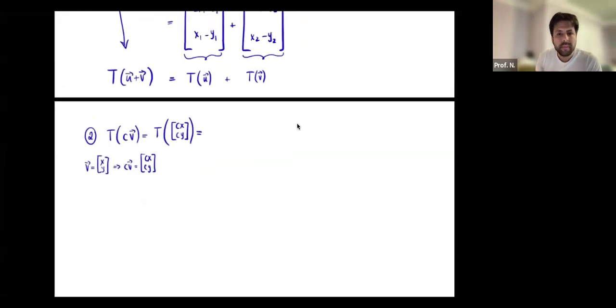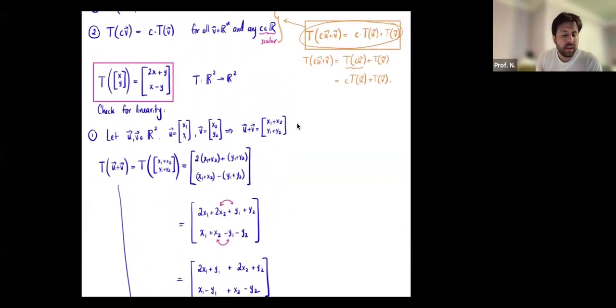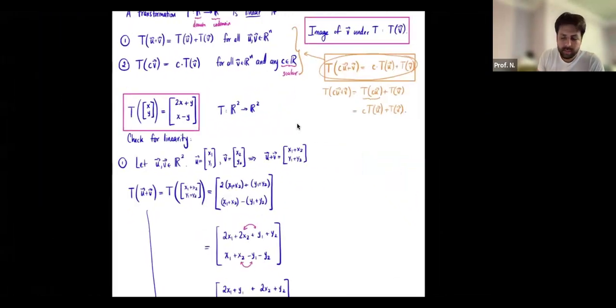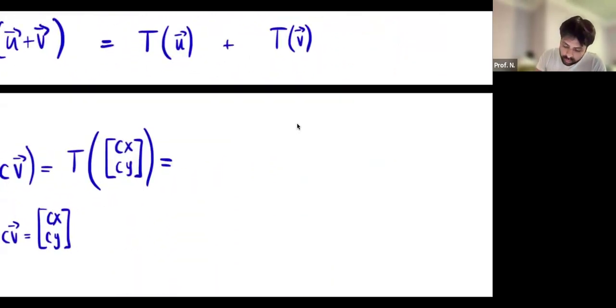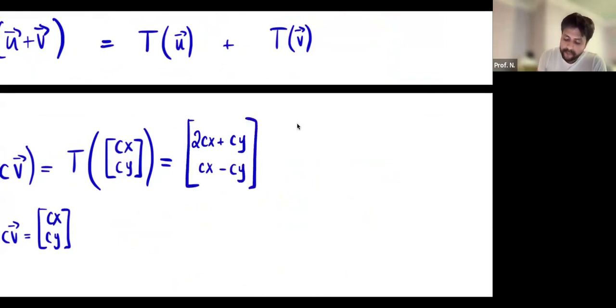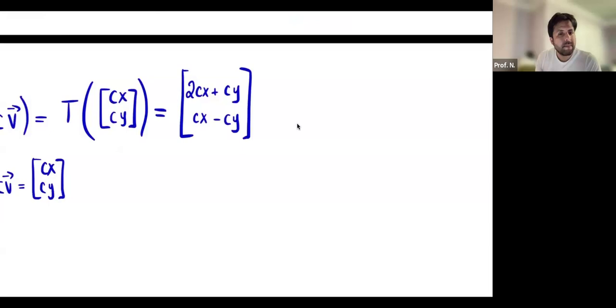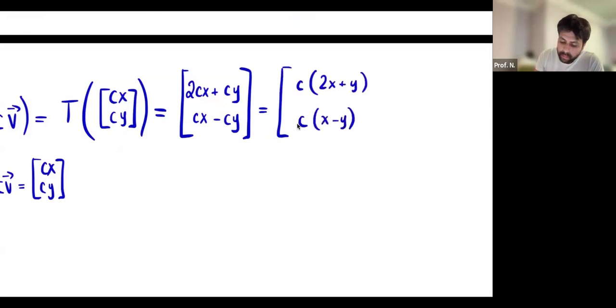And then use the rule for the transformation, which is 2x plus y, x minus y. So it's going to be 2cx plus cy, and then cx minus cy, right? That's exactly what the rule is. But then you should see very quickly, wait a minute, I can factor out the c, and then I can factor out the c even more.